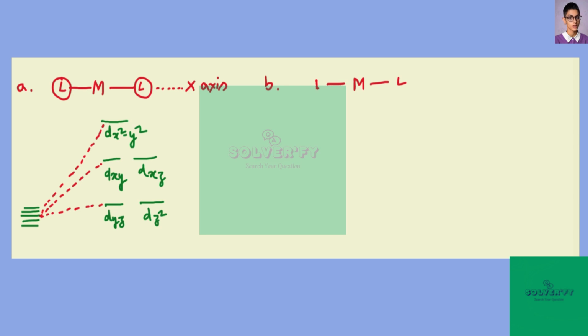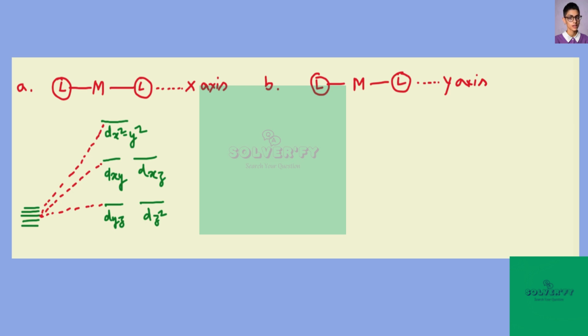This is a linear complex, so the structure must be linear and the angle will be 180 degrees, and the axis where the ligands are present is the y-axis. When the ligands are on the y-axis, what will be the type of splitting, and in which orbital is the repulsion and energy maximum? That we have to decide.